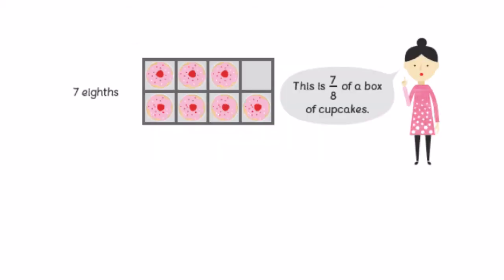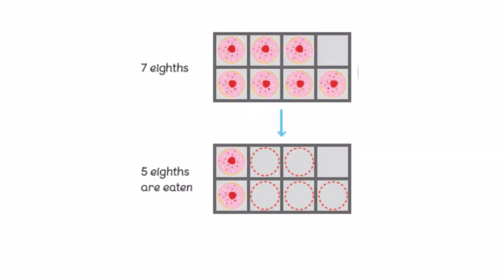There are 7/8 of a box of cupcakes because there are 7 out of the 8 parts. We know that 5/8 were eaten, 5 out of the 8 pieces, and this leaves us with 2/8.